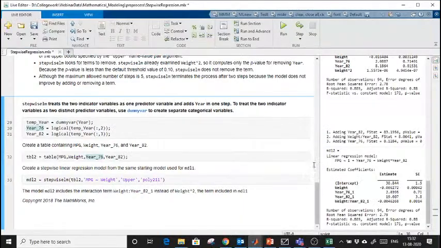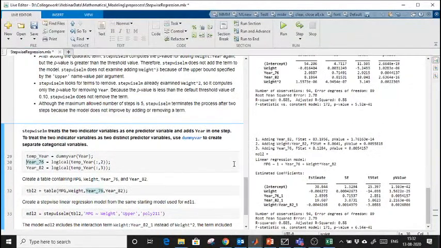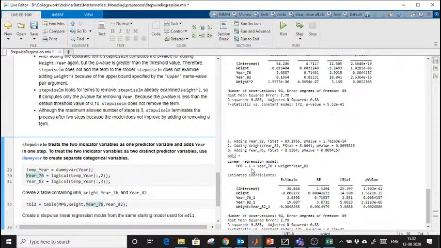So you see here, the same equation is created: 1 plus car model of 76 plus weight into year 82, right?